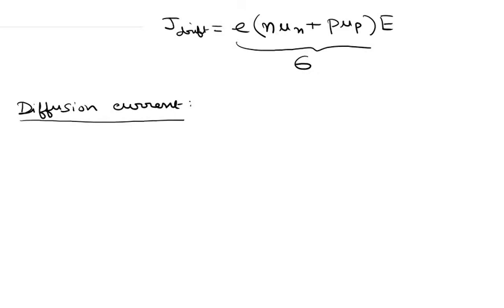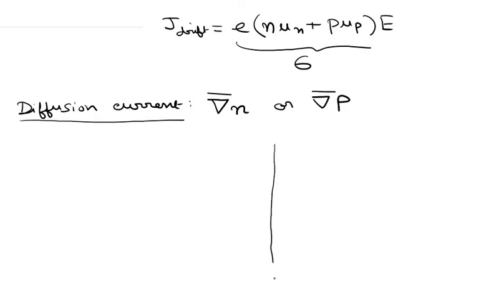In mathematical language we call this the gradient, so grad n or grad p. If there is a gradient in the concentration of electrons, or a gradient in the concentration of holes, then diffusion current would actually flow. So here the driving agent is not the electric field, but the spatial gradient of electrons, or the spatial gradient of holes.